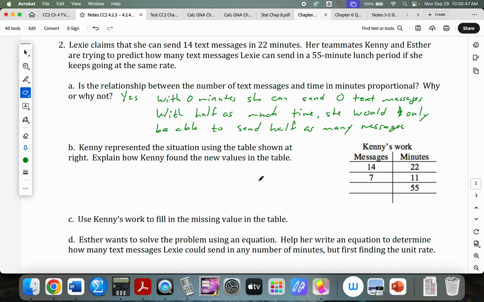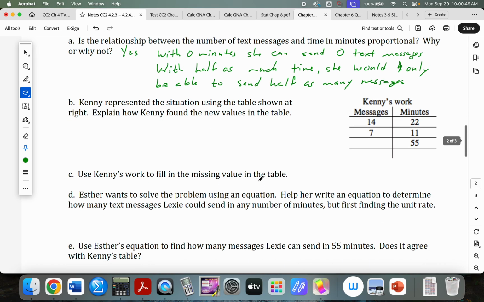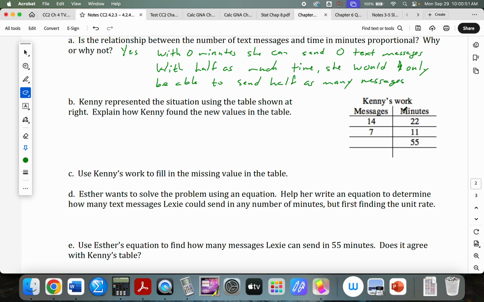All right, so Kenny represented the situation using the table shown at the right. So with 14 messages in 22 minutes, 7 messages in 11, what could we do to figure out how many she can send in 55?